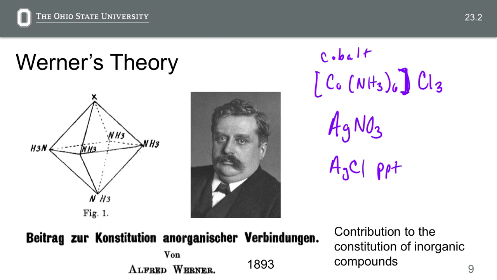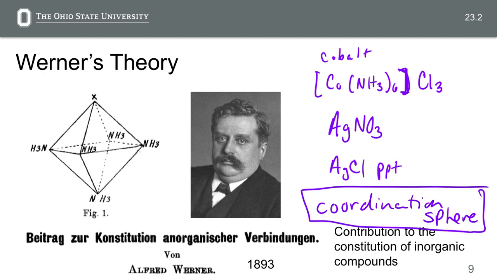So basically what he was able to do is determine something called the coordination sphere. We're going to look at coordination sphere. So the coordination sphere is essentially, look at this cobalt compound, the way I wrote this.